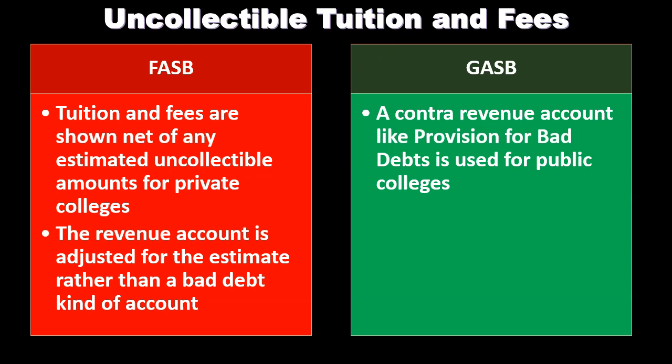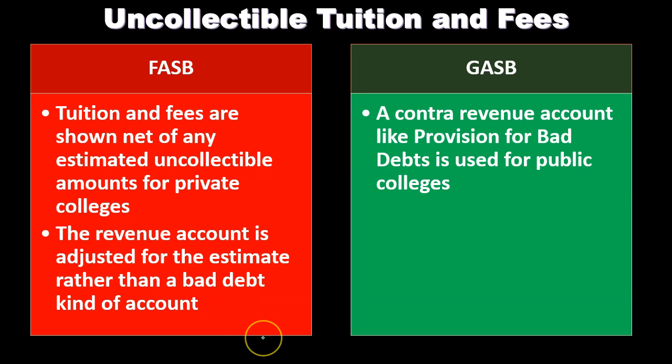So under FASB, tuition and fees are shown net of any estimated uncollectible amount for private colleges. On the statement of activities, we have the revenue, and then we also have the amount that we're estimating to be uncollectible. And we're going to show those combined together, subtracting them out, showing them net.